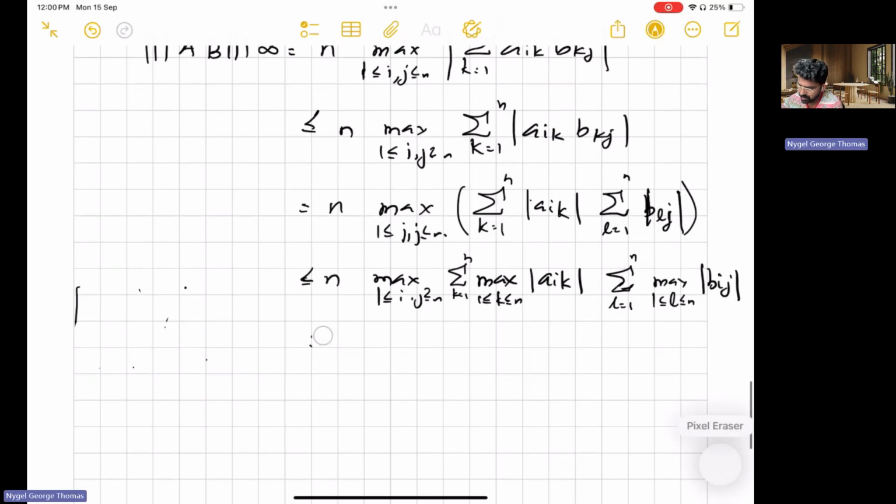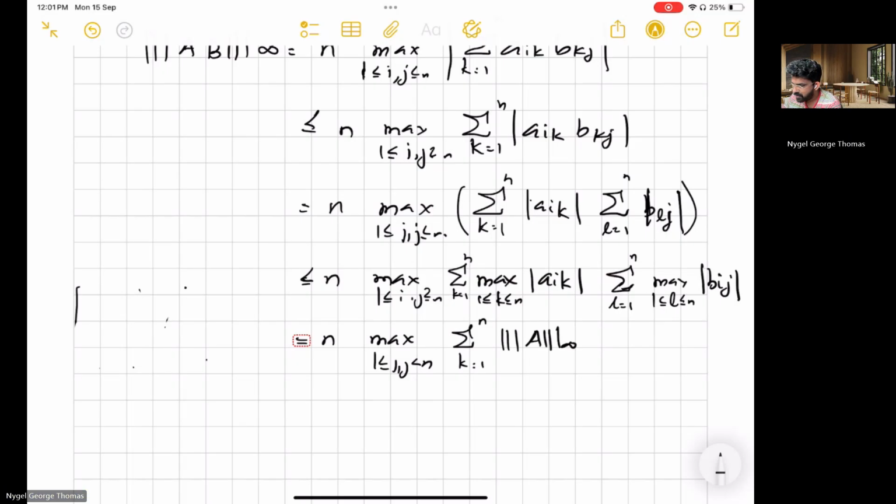we can view this as n times max, less than or equal to, over 1 ≤ j ≤ n, n sigma over k from 1 to n. This is actually the infinity norm. That is not the right way to put it. What we can do is, this is the max term, so this will be n times a.